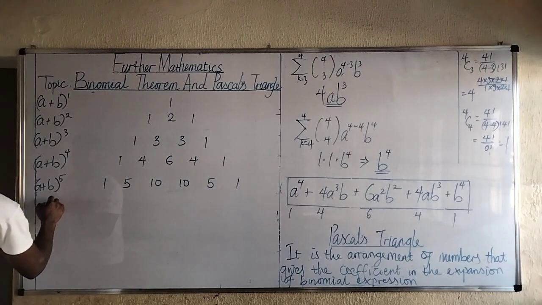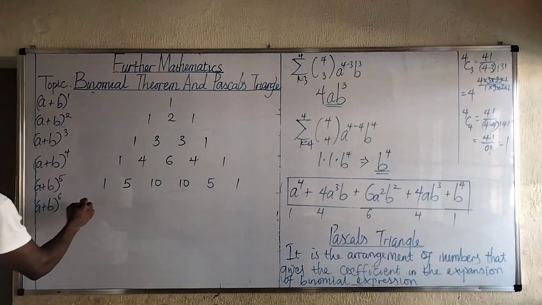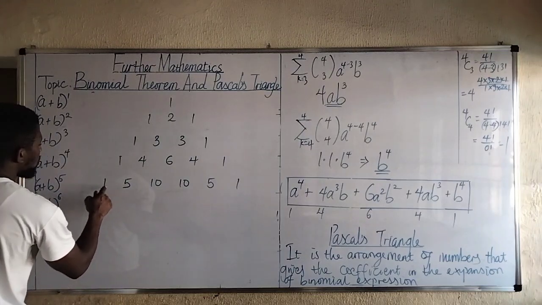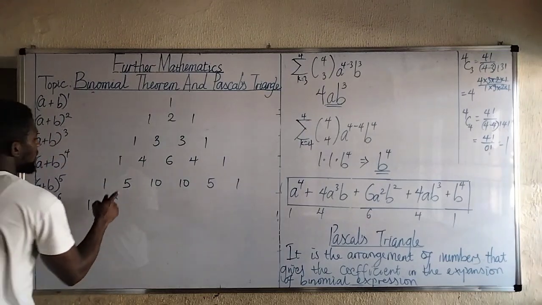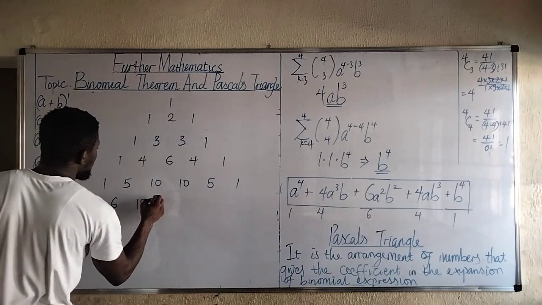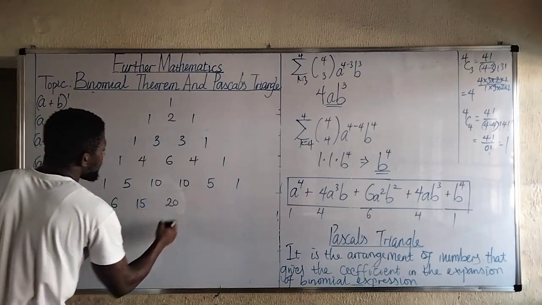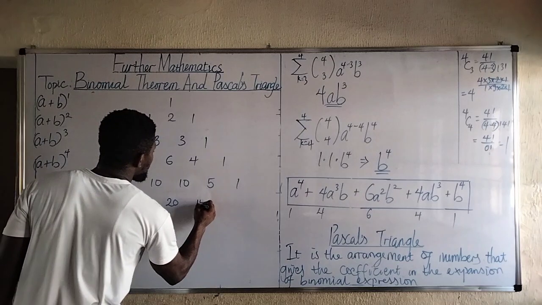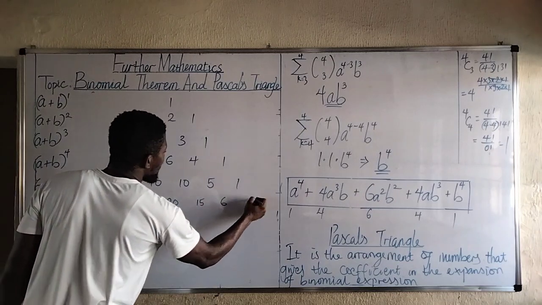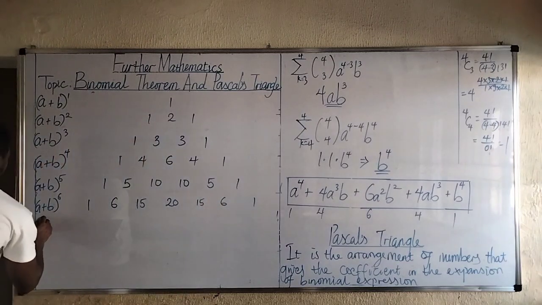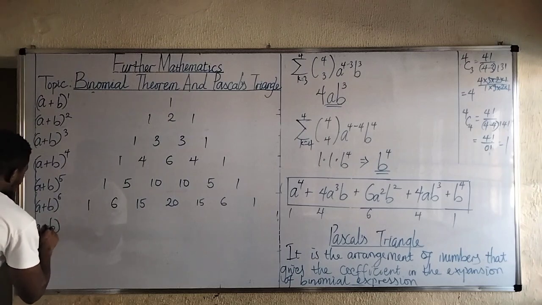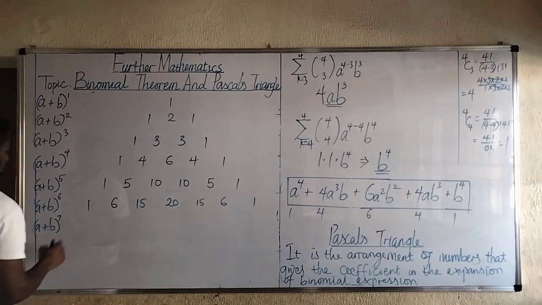If we have (a + b) to the sixth power, I'm going to have 1 plus 5 is 6, 5 plus 10 is 15, 10 plus 10 is 20, 10 plus 5 is 15, 5 plus 1 is 6, and with 1. Okay, what if I have (a + b) to the seventh power?